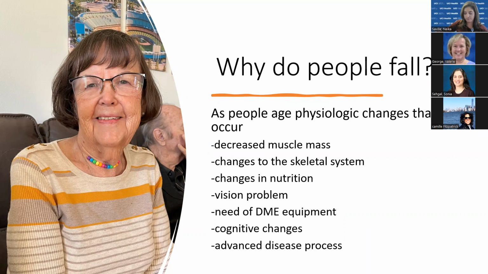And of course, as people age, more advanced disease processes. So cardiac reasons such as congestive heart failure or history of coronary artery disease, history of stroke, some changes of Parkinson's or movement disorders. So this person here is an 86-year-old female, and she has had changes over time that she has become more frail in general, has lost weight, gait is unstable.